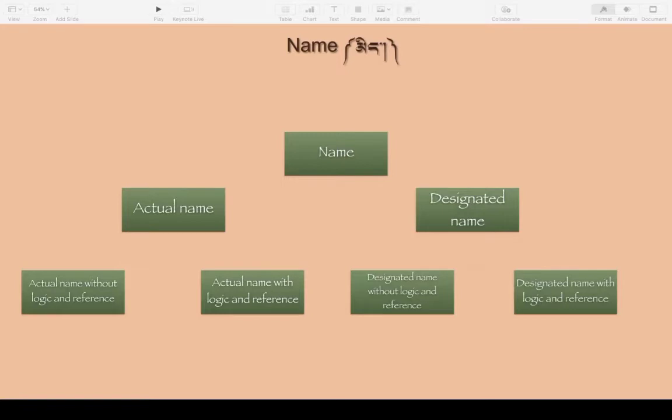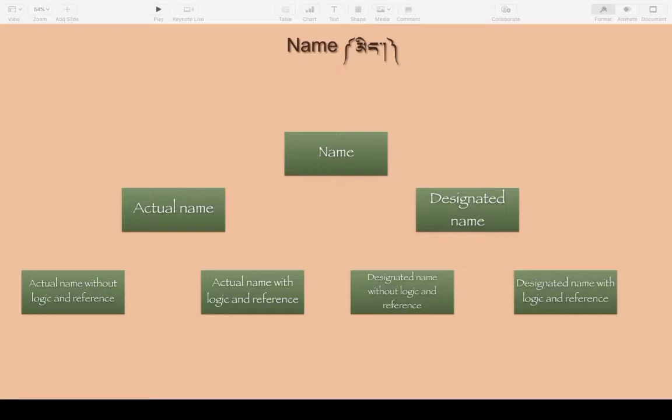So actual name, for example, in Tibetan, we have an actual name like Chu. Chu means water. So when we say Chu or water, the very name Chu means water, and it does not mean anything else. So these are the actual names.